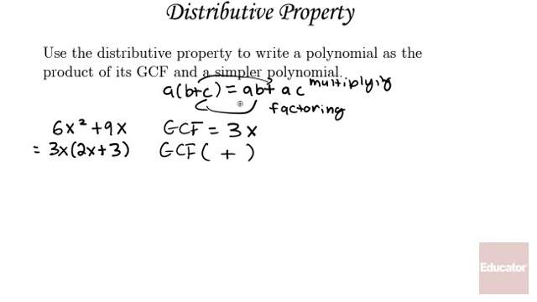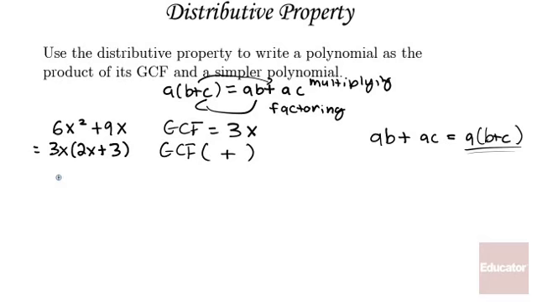And you can easily check your work by multiplying out. So I went from AB plus AC to A times (B plus C). Now I can check what I have here by multiplying out, by going back and using the distributive property. 3x times 2x is 6x squared, and 3x times 3 is 9x.